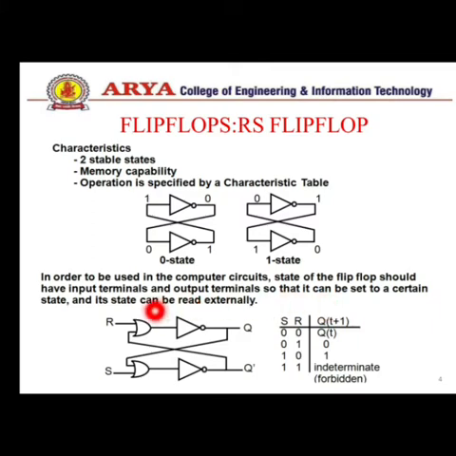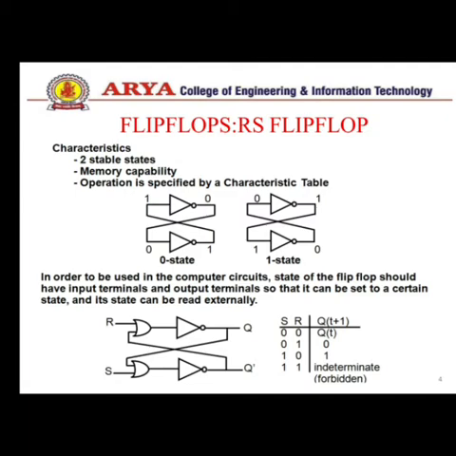Then the second condition is applied on this circuit. So we put the R value equal to 1 and the S value equal to 0. The R value 1 plus q bar is equal to 1. So the value of 1 plus q bar is equal to 1. Then 1 is connected to the input of the NOT gate, and then the output of q is 0.